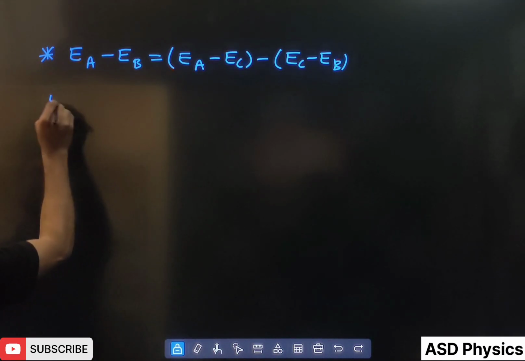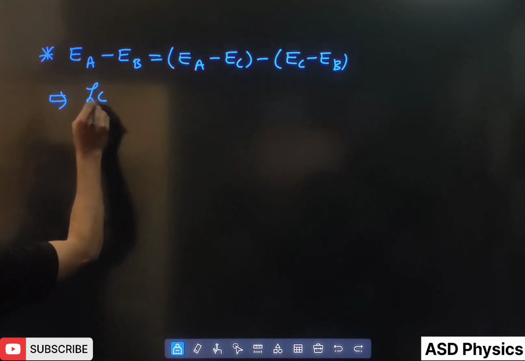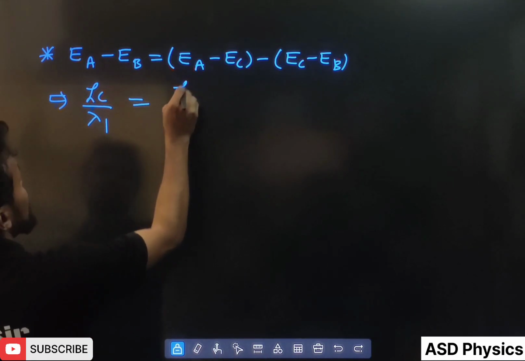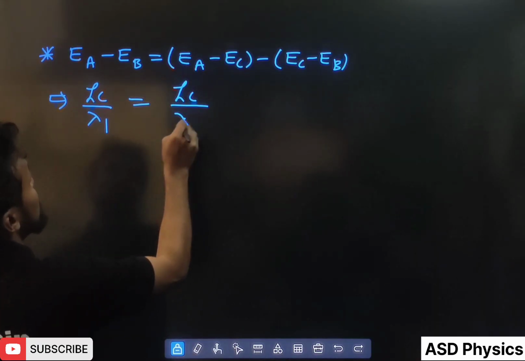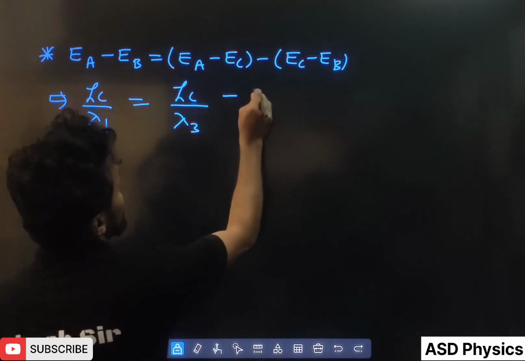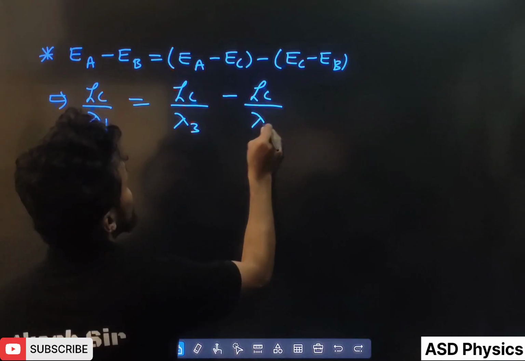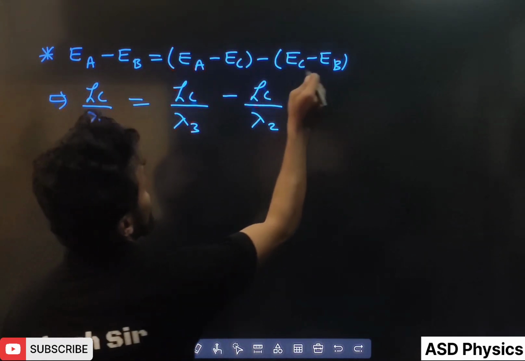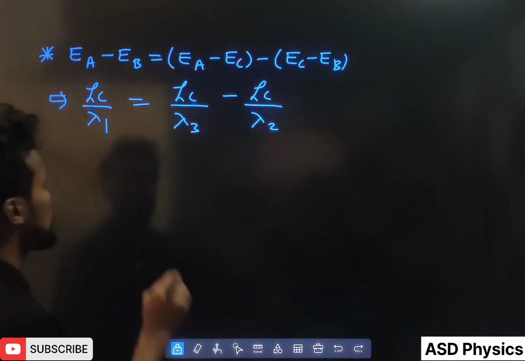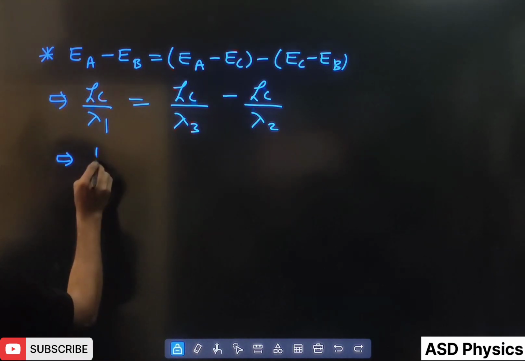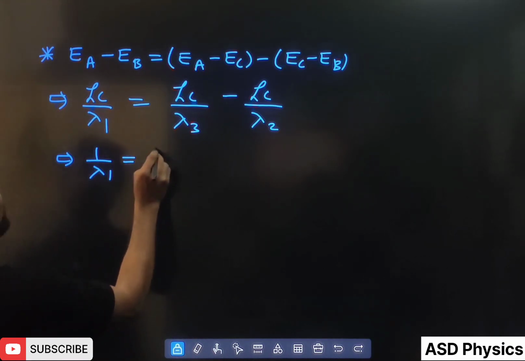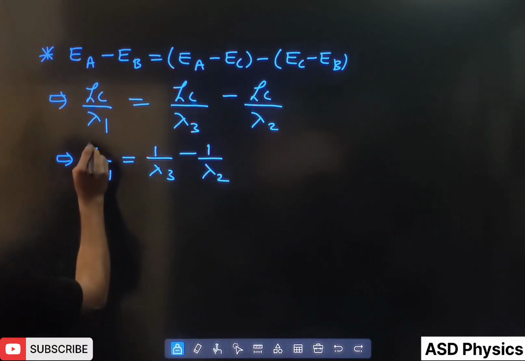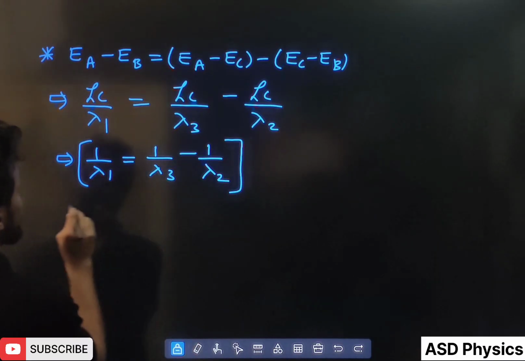After that, EA minus EB, as we have taken, is hc by lambda 1. Similarly, this one is A to C, that means hc by lambda 3, minus hc by lambda 2. So A to B is lambda 1, A to C is lambda 3, B to C is lambda 2. So hc all will cancel out here, and it will come 1 by lambda 1 is equal to 1 by lambda 3 minus 1 by lambda 2. This kind of question is very, very important.